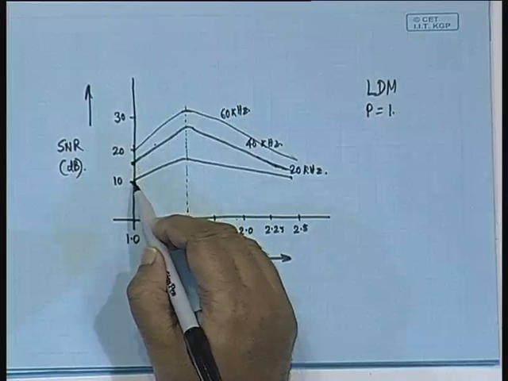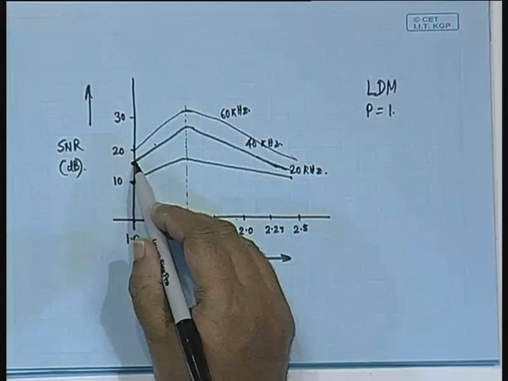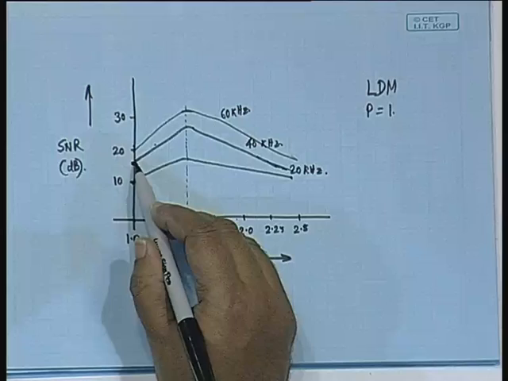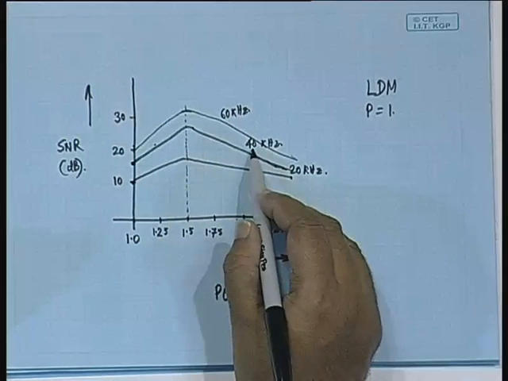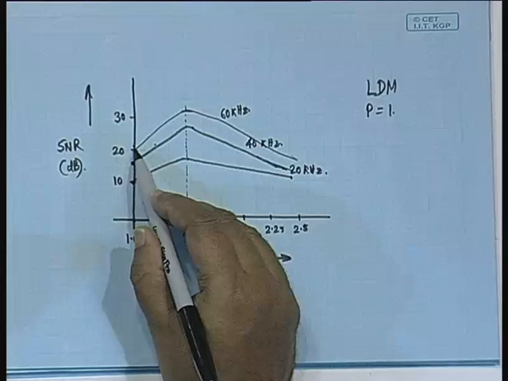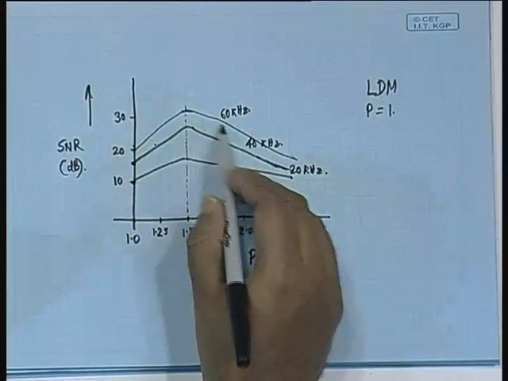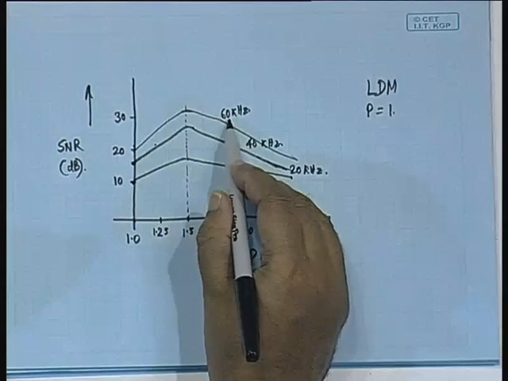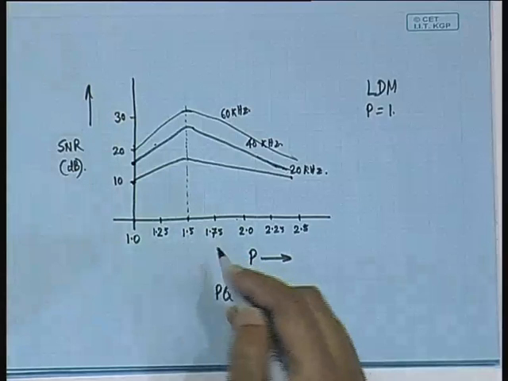So if this is 10, this is 16, and if it is increased from 40 to 80 kilohertz, we would have observed 22, but it is a little lower, 20, because it is not 80 but 60 kilohertz of sampling rate.